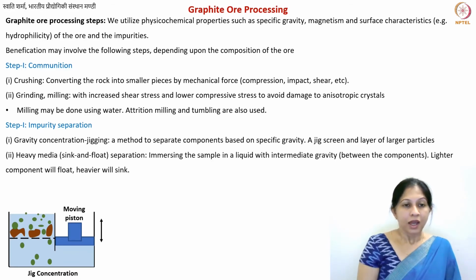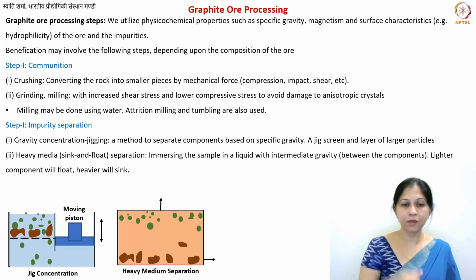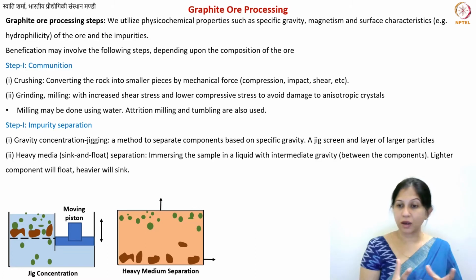Okay. Now another method is known as heavy media separation, or one form of it which is most commonly used is also known as the sink and float separation method. Okay. So here what do you do? Instead of water, if I use an oil, or alcohol, or anything which has different properties, either lighter than water or heavier than water, then what will happen?